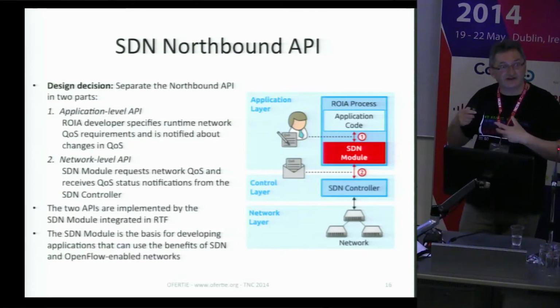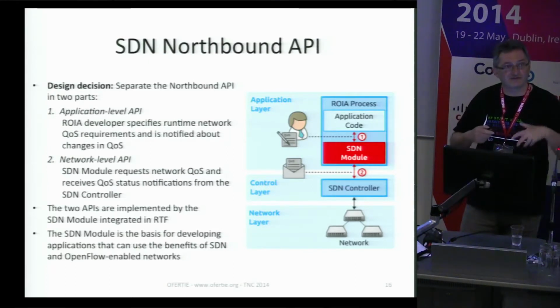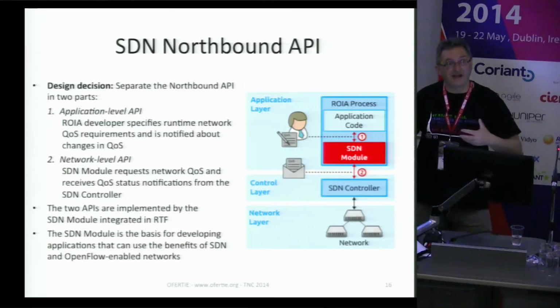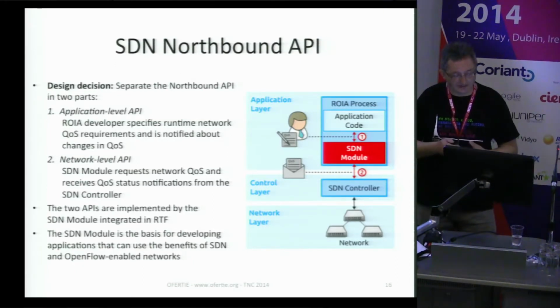And then there's a network level API between that and the controller. So from the application developer's point of view, they're communicating with this module. The module then gathers those requests, figures out things like the path computation, and applies the relevant configurations to the underlying network.